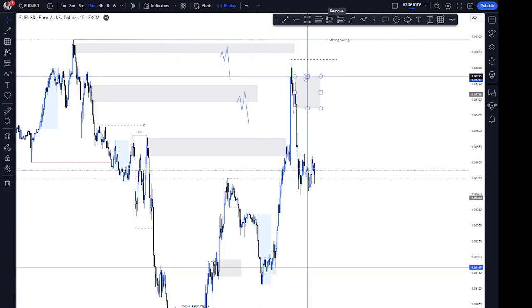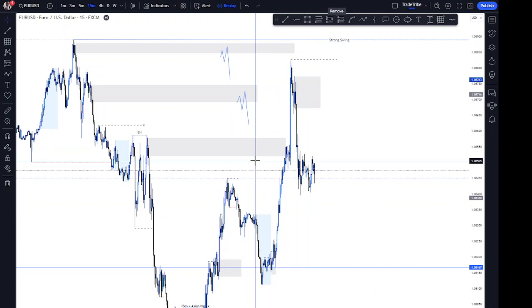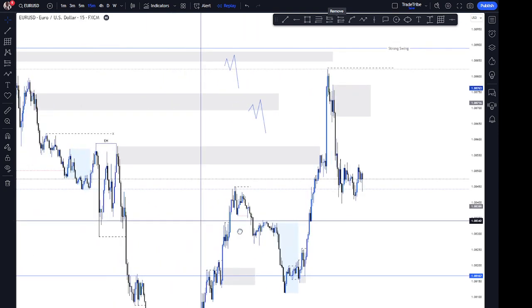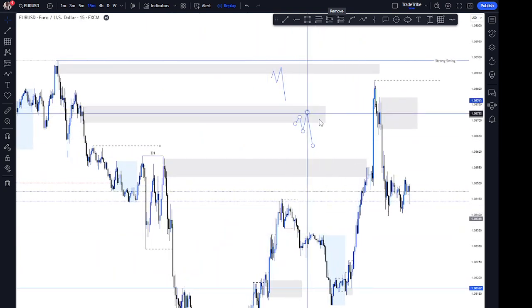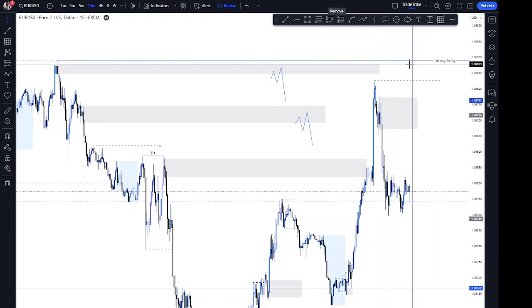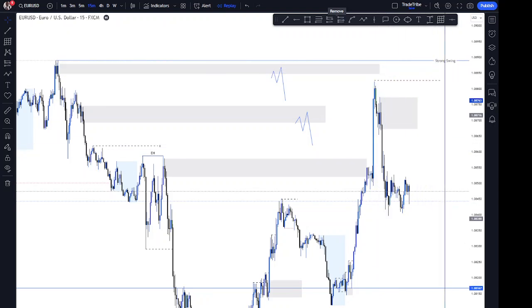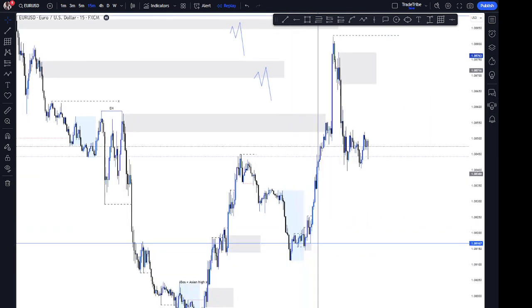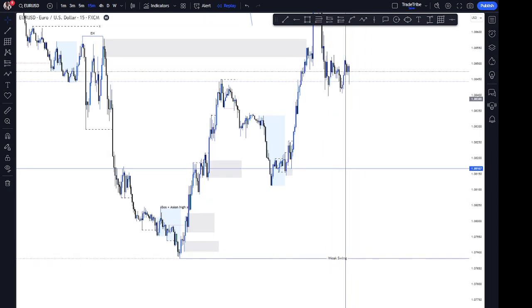When I was sharing these zones, I don't remember if it was on Thursday, Wednesday or Friday. I said all I'm expecting is price to either come to this zone or to this extreme zone, close to this strong swing, so that we can drop to the downside to correct all the imbalances left behind down here, then violate this swing here and continue with the overall direction, which is bearish.